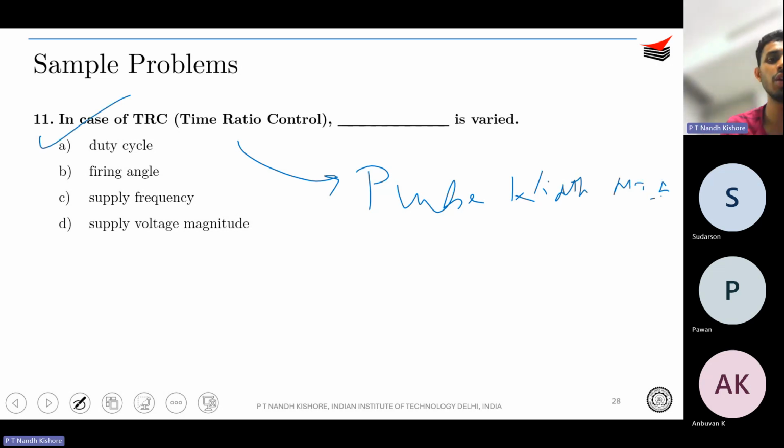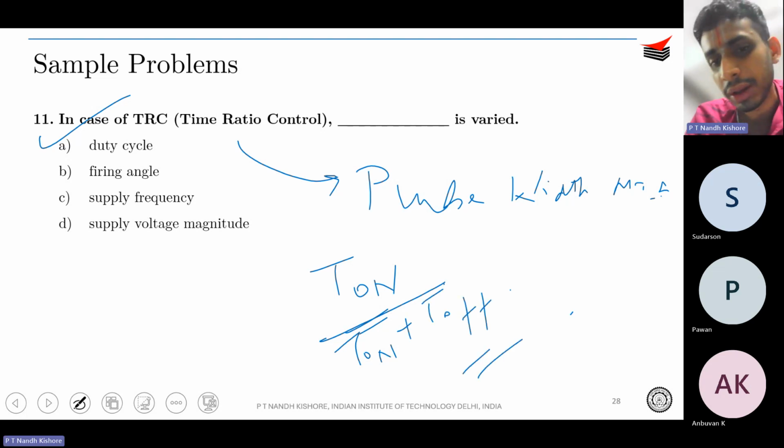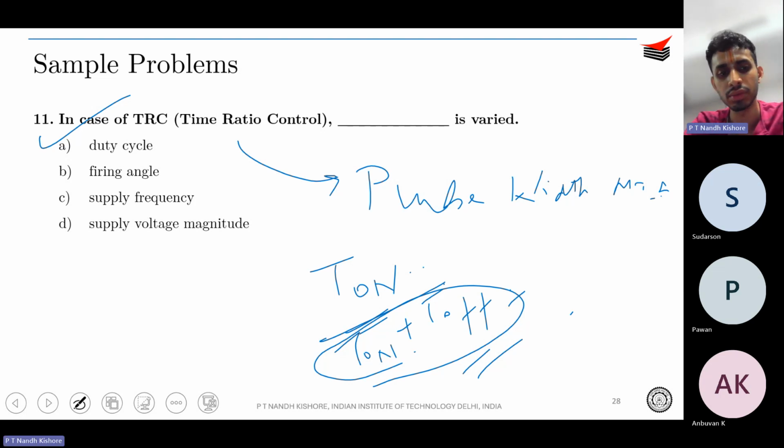So you vary your duty cycle, right? So T on is varied. Time ratio, duty cycle, or T on by T on plus T off, this is what is varied. Basically, T on plus T off is going to be fixed, but T on and T off are varied individually. So basically, your duty cycle is varied.